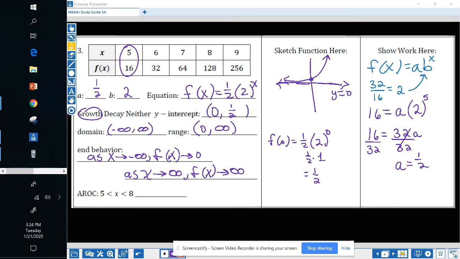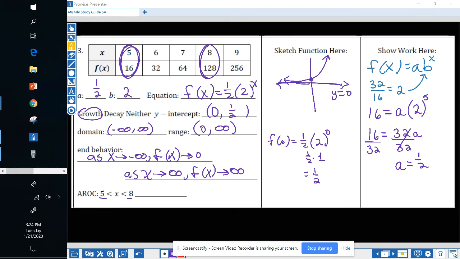Now, to find our A-rock, we're going to find the slope of the secant line from when x is 5 to 8. Luckily, we have a function table that gives us these 2 points. So when x is 5, f of x is 16, and when x is 8, f of x is 128.